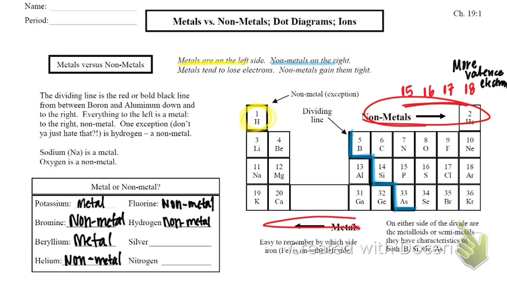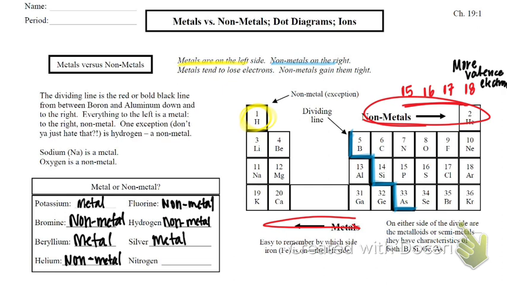Silver. Yeah, they cut it out of our page on here, but it's down in this section. What's its symbol? A G. So it is a metal.